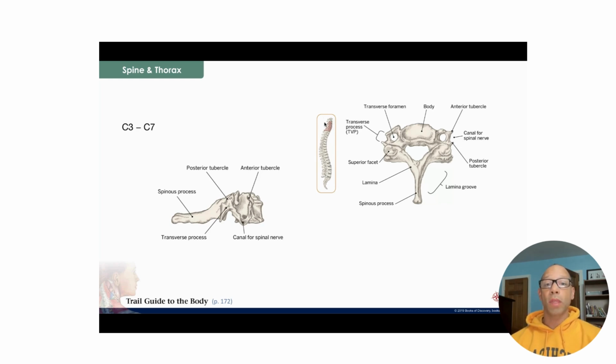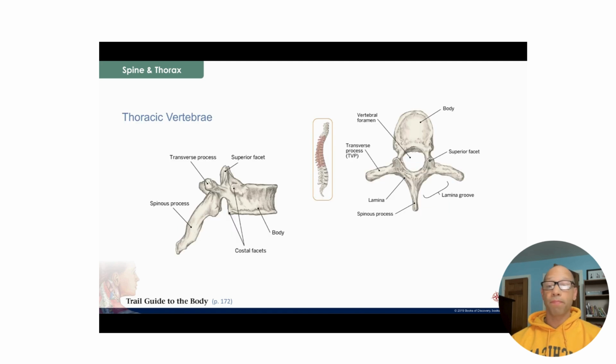These bones are a little bit smaller, and they get bigger and bigger as they go down, because those are more for stabilizing and structural purposes in the lower part of our body, whereas these are more for movement up top. So C3 through C7 are the rest of the cervical vertebrae.